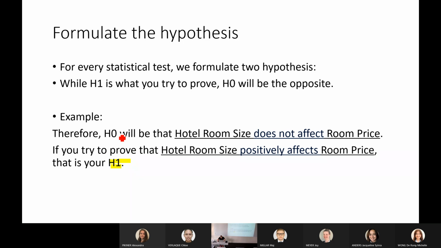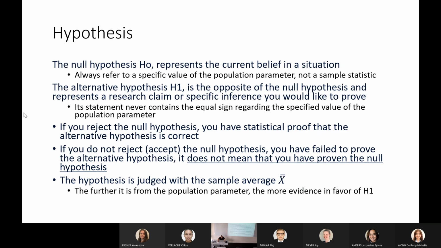It does not mean that you have proven the null hypothesis. That's very tricky, because last years' statistics exams are always made in a way that you also have to understand what is happening behind it. So if you have failed to prove the alternative hypothesis, it doesn't mean that you have proven the null hypothesis.